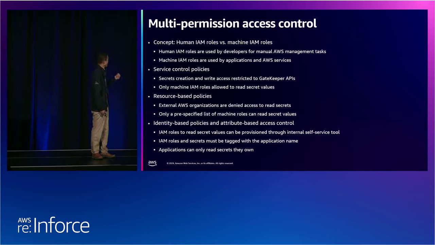And we also enforce that all the secrets have to go through the gatekeeper API so that they do not go unmonitored. And all the secrets created by the gatekeeper API, we configure properly to the standard of Capital One, so that they are safe and secure from creation to deletion.